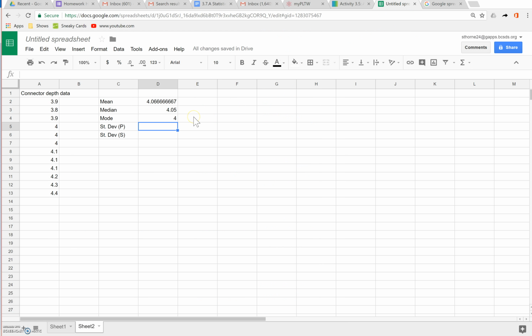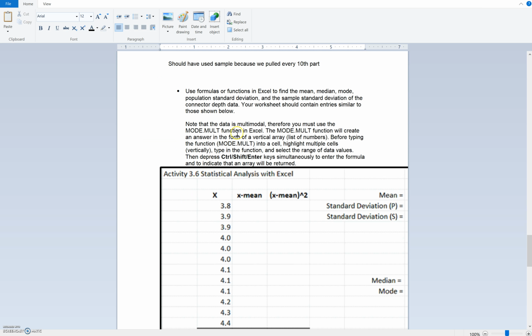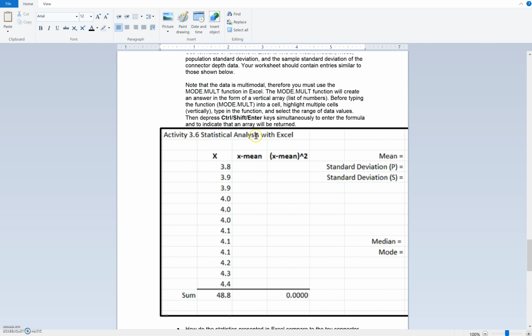Let's go back to this. Let's say equals STDEV.S for this, equals STDEV.P for this. Okay, so we got all that. That answers all of that question.